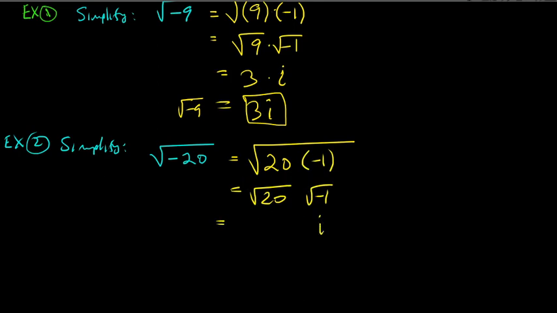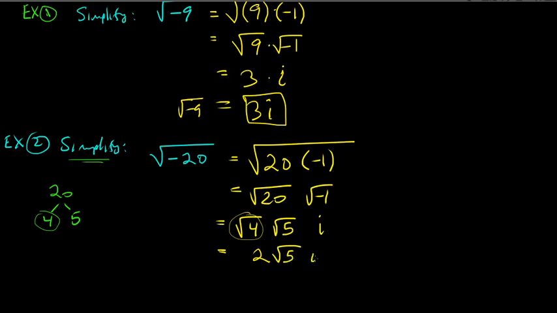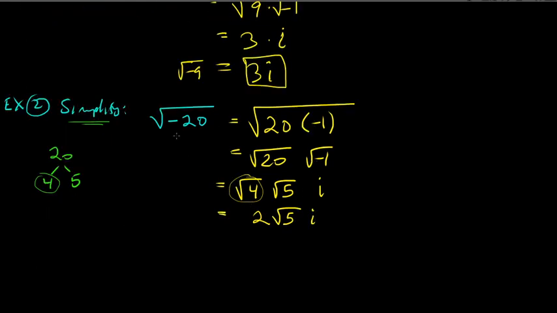But what about the square root of 20? How do you simplify that? Remember, 20 is 2 times 10, but we're looking for perfect squares. So how about 4 times 5? By breaking this apart, we get the square root of 4 times the square root of 5, and we can simplify the square root of 4 as just 2. So we get 2 times the square root of 5 times i. That's the square root of -20.